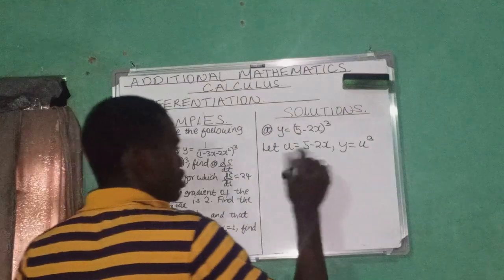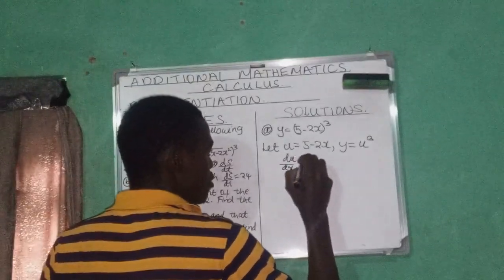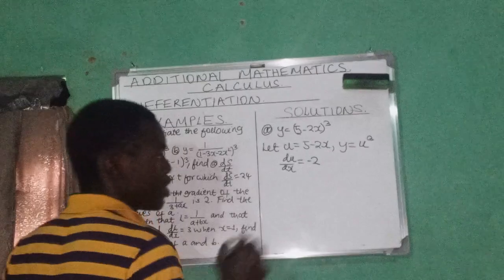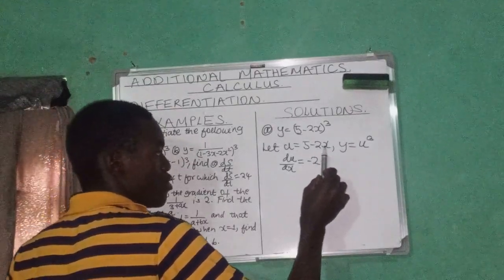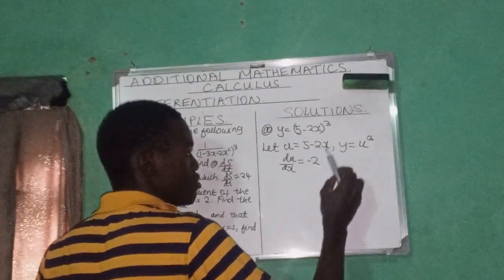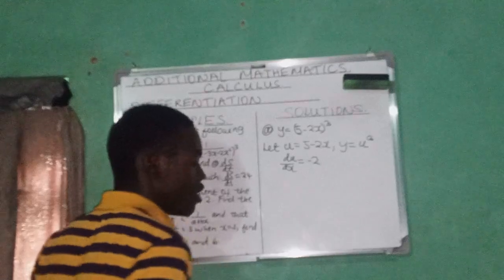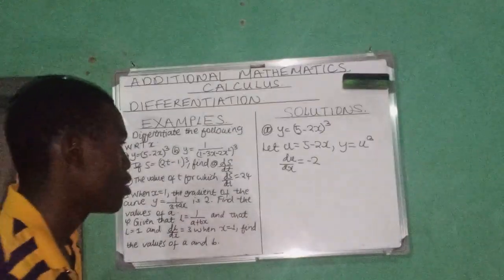Then we differentiate each one of them. We're going to say du/dx is equal to minus 2. Okay, the derivative of a constant is 0. For the derivative of this, we have a power 1 multiplied by a negative 2, which will be negative 2. Then power 1 minus 1 is the power 0, and anything to the power 0 is 1.